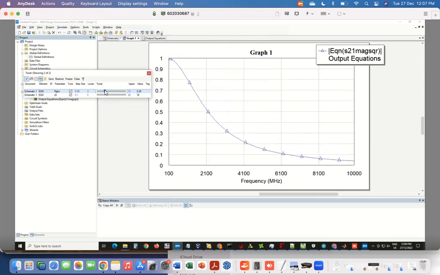So the point where it crosses 0.5 is changing, right? But the same thing will also happen with this one as well.